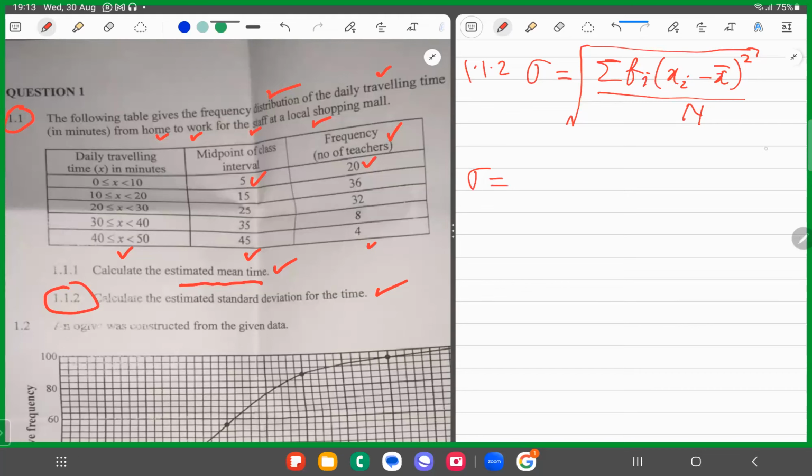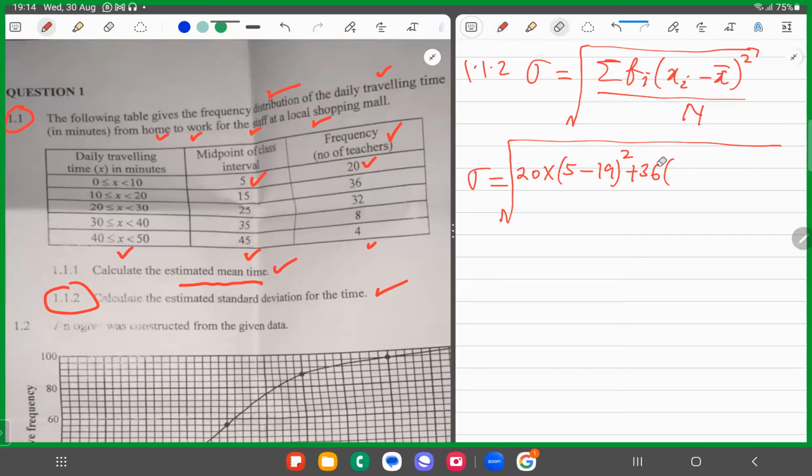So, you're going to say sigma is the same as the square root of the summation of the frequencies. So, the frequency here is going to be 20. You multiply by the xi minus x bar. So you have the xi, which is the midpoint of the class, minus the x bar, which is 19. You square this one. You add. And then now you have 36.